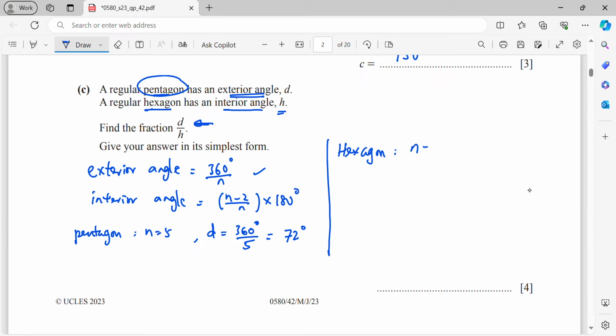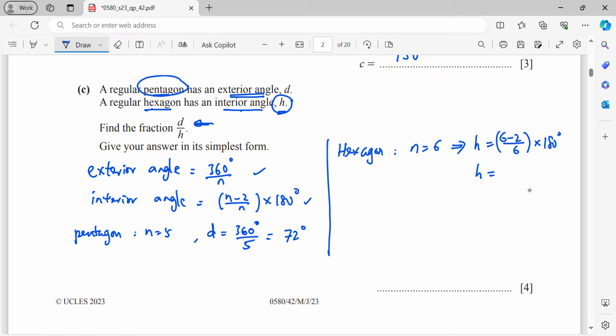Then for the hexagon, it is a polygon with n equals 6, a 6-sided polygon. Now my interior angle H equals this formula, replacing n by 6. So I get 6 minus 2 over 6 times 180 degrees.